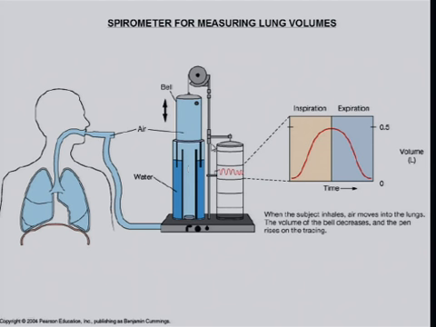And this was hooked to a pen on a slide. So as you inhale and exhale, it would record different volumes. And so you actually could measure very accurately what your volumes were at different points in your ventilation. Now we're going to talk about very specific volumes, but that's how we were able to record these volumes.